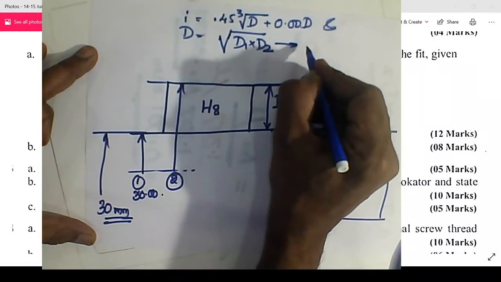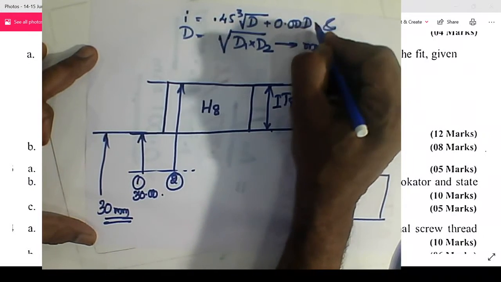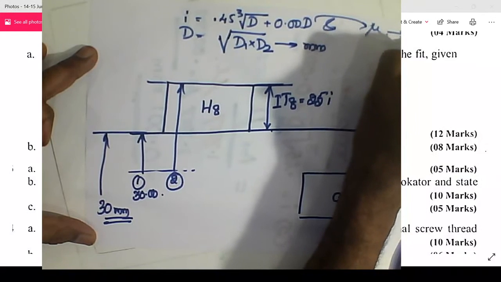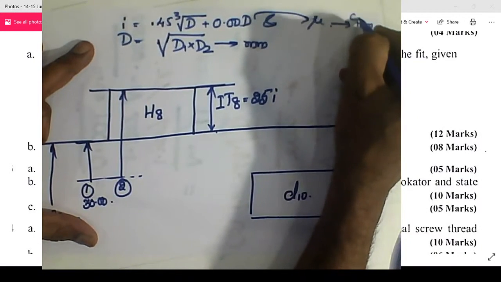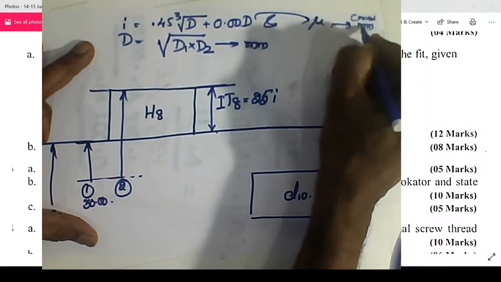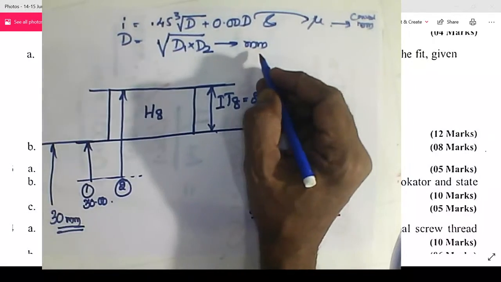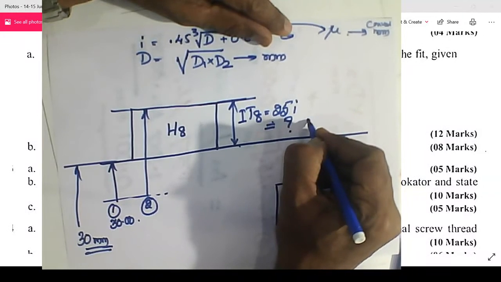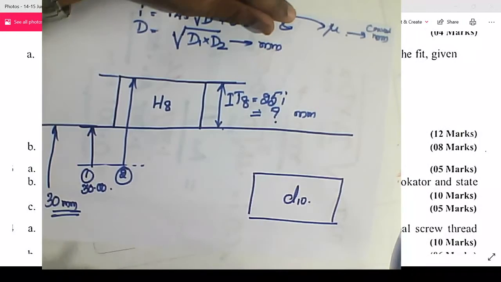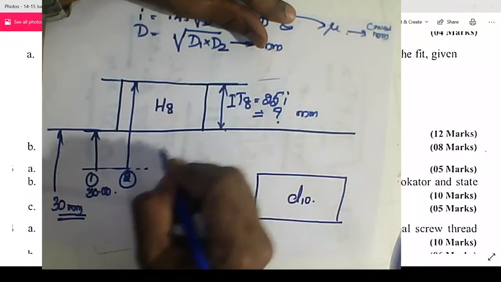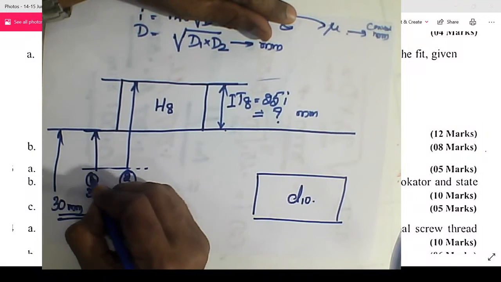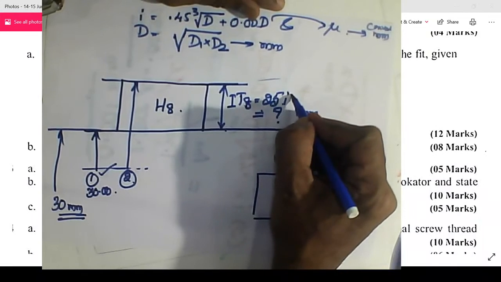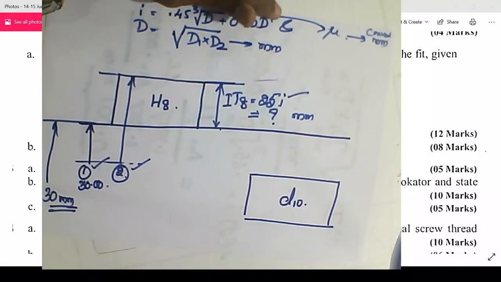This is in millimeters and this is in microns. Convert that into millimeters, and add that value here. Once you know this, you can calculate this and find out number 2.